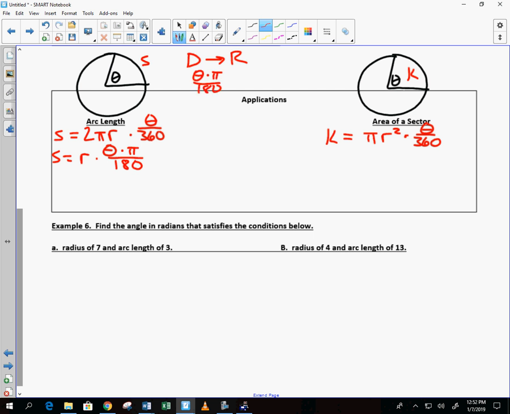And we end up with a new angle that's in radian form. So S equals R times just theta is a formula if you are working in radians. So the first one's if you're working in degrees. This is if you're working in radians. Is that cool? Yeah, that's a lot simpler than the first one, isn't it?